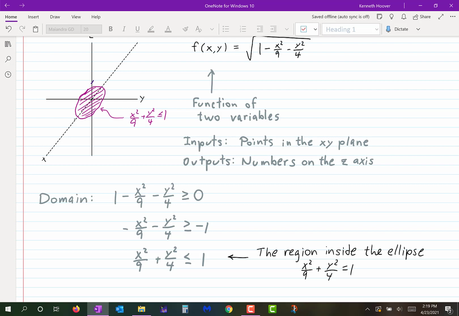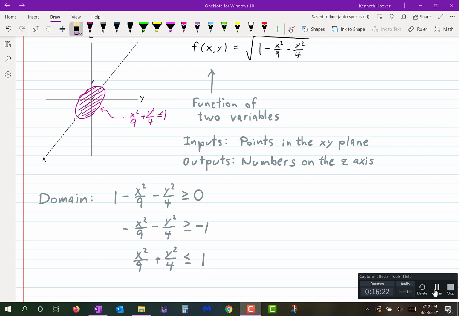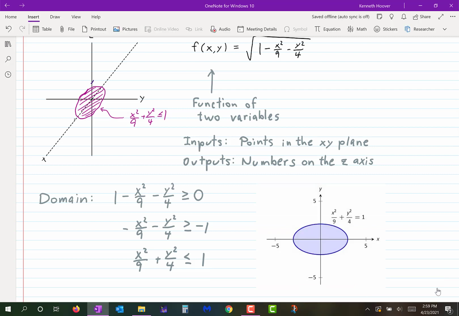I can show you a picture straight from the book, so it's a little bit nicer. Okay, so there you go, is a better picture of the domain of our function.